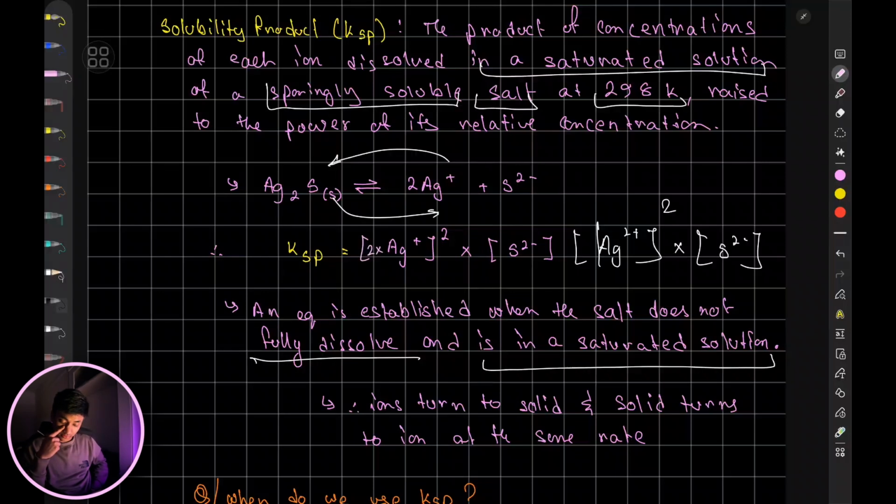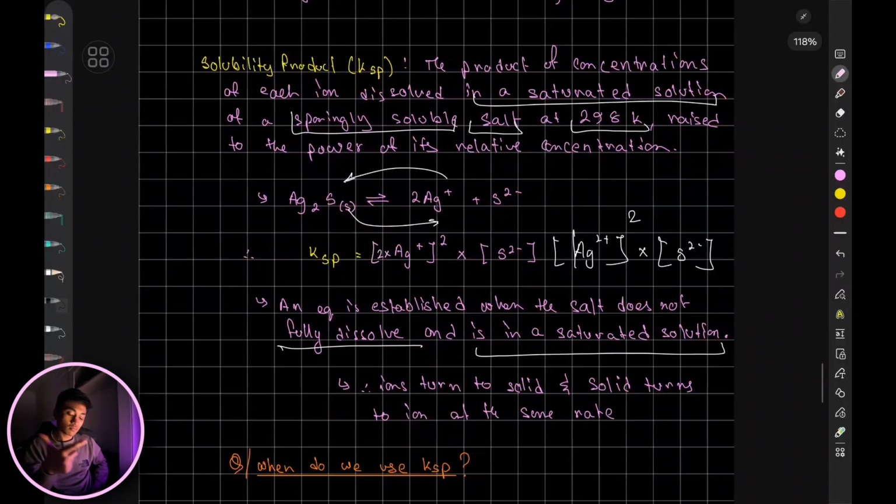But you are supposed to have twice, because for every 1 mole of Ag2S, you will have 2 portions of Ag plus, and you will still raise the entire thing to 2, because that is basically adding weightage to your Ag plus, because the effect of it is more, you can say.